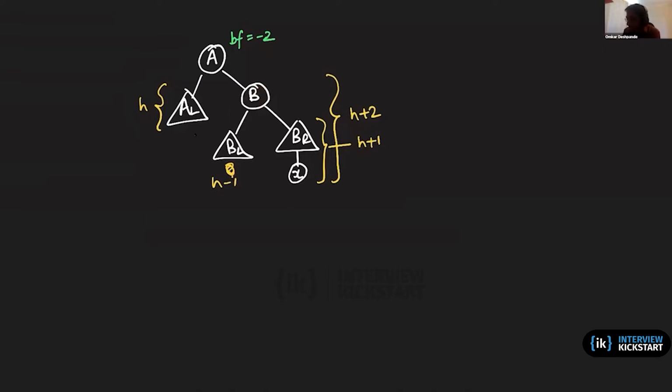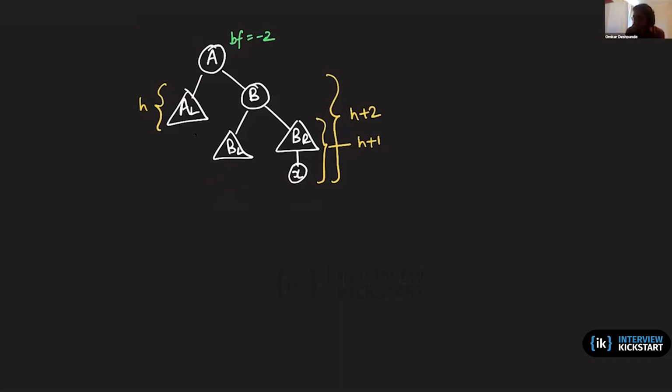If this was h minus 1, the original balance factor before x was inserted would have been fine everywhere. But we are assuming that A is the first ancestral node at which the imbalance happens. So that's why this won't be h minus 1.